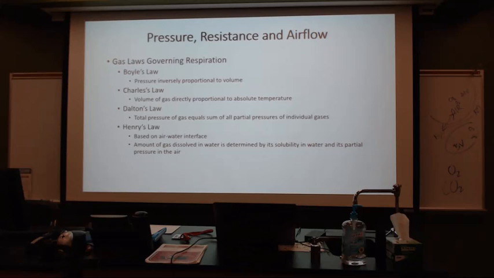So, if I have a red blood cell that makes a circuit around my body every minute, and on that one red blood cell, I have 4 irons, each one that can attach an oxygen. So if all 4 have an oxygen, it is 100% saturated. 100% saturated.